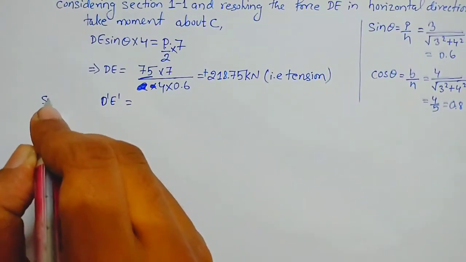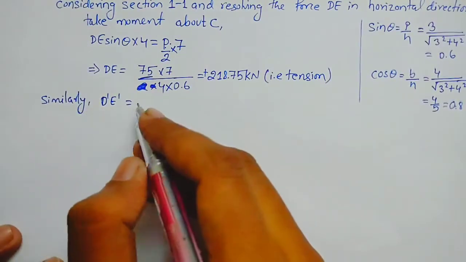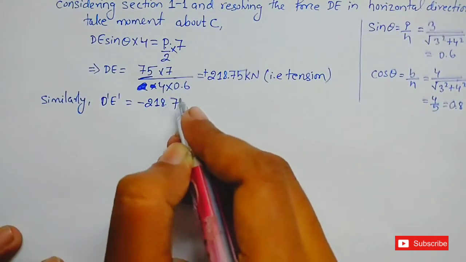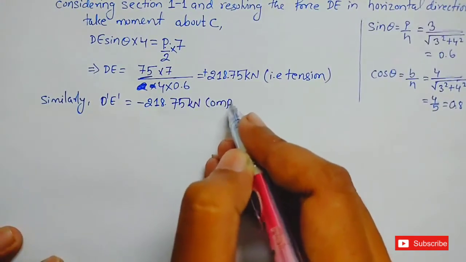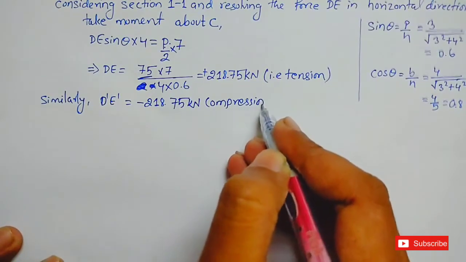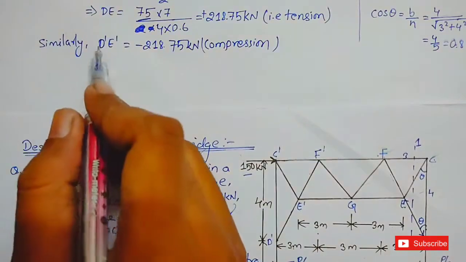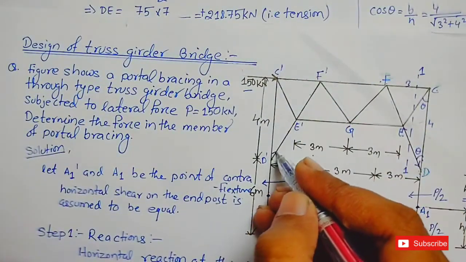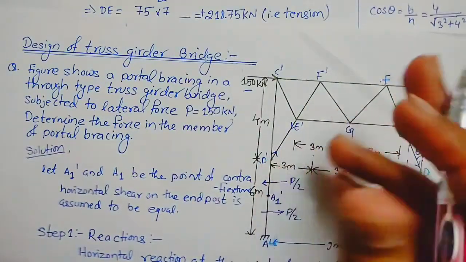So let us write down here similarly, D dash E dash will be equal to minus 218.75 kilonewton compression. As the force in member D dash E dash is in compression, we need to represent it as compression, meaning both arrows facing each other.